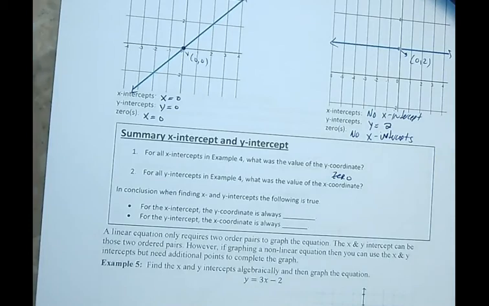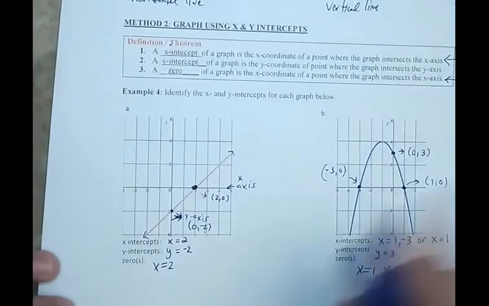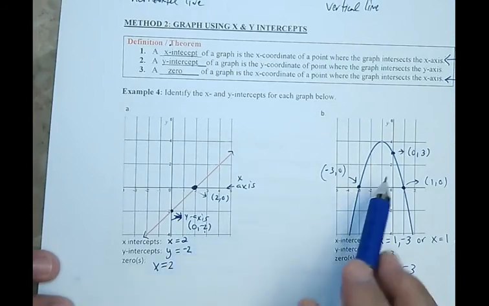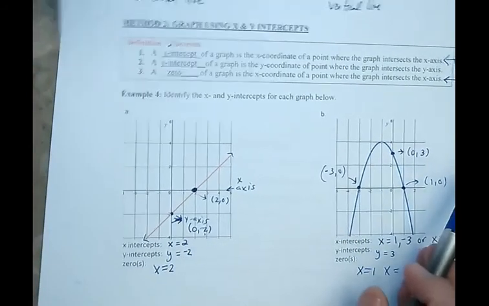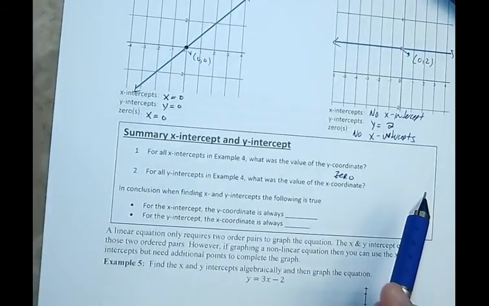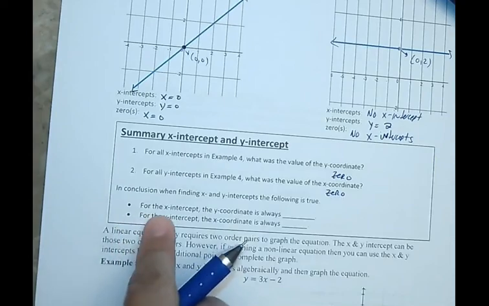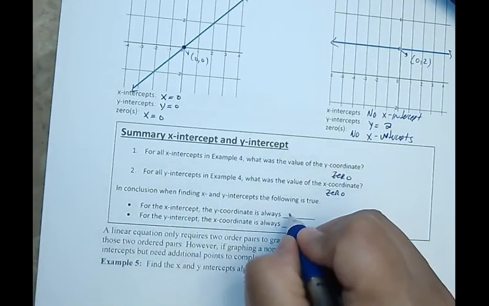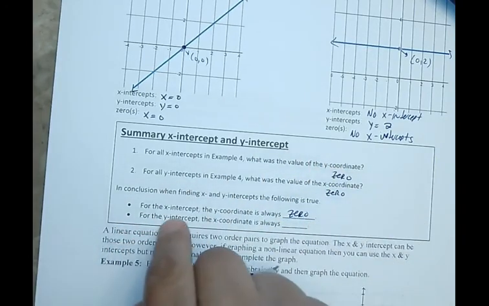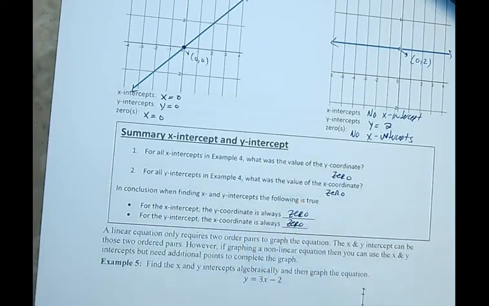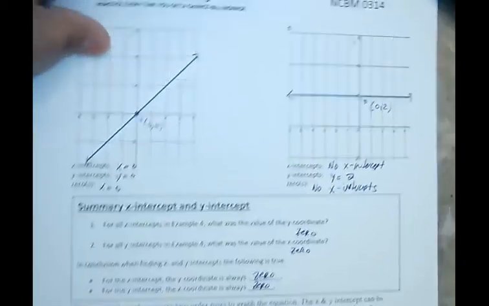If we look at the y-intercepts, the value of the x-coordinate is a 0 here and a 0 here. So the value of x in the y-intercepts is always going to be 0. So for the x-intercept, the y-coordinate is always 0, and for the y-intercept, the x-coordinate would be 0. So why is that important?